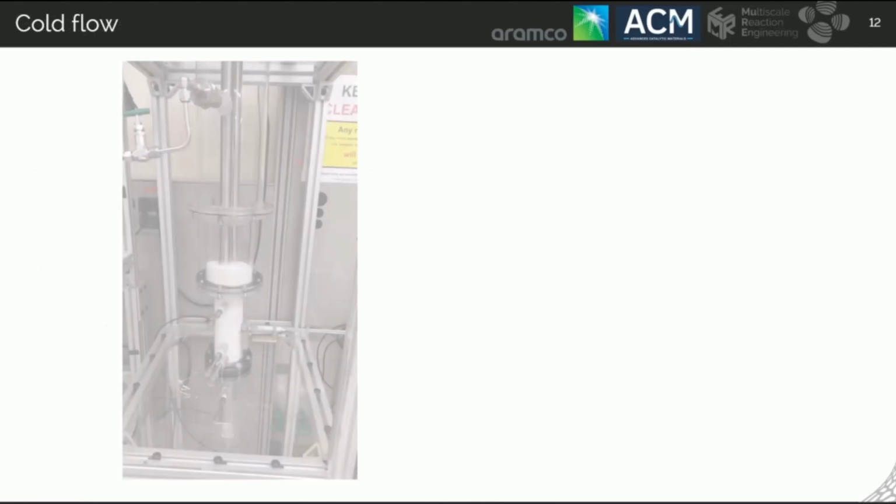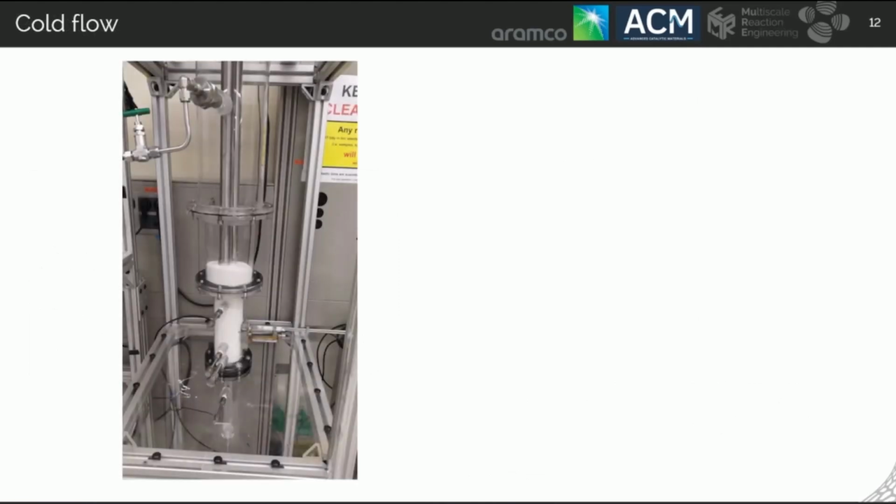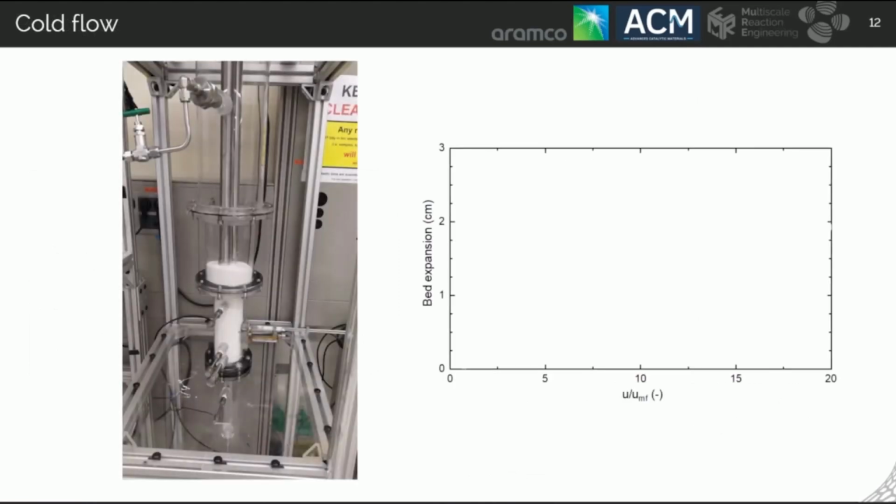For the cold flow, this is the apparatus that we have in our lab. We can see in this figure that we are monitoring the bed expansion versus different flow rates. We have some experimental data points, and also predicted points from the Barracuda software and from one of the simple models, which is the two-phase theory approximation.